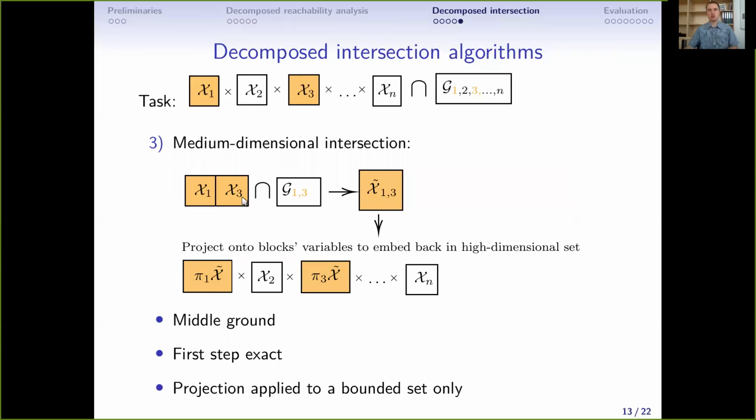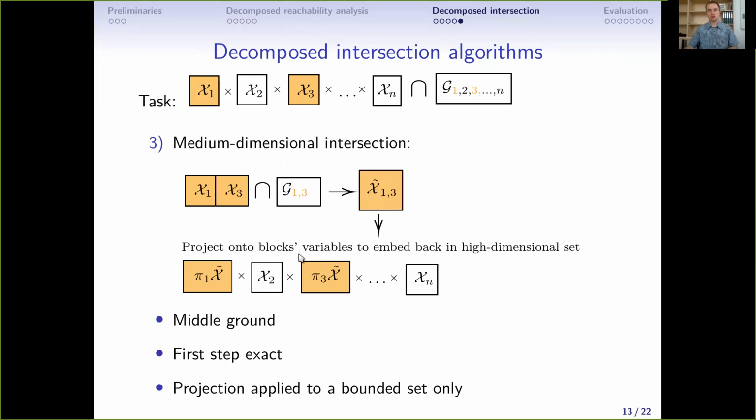That's why we actually suggest to do something in the middle. So we call this the medium dimensional intersection. You take the set X1 and X3 together as one set, as a two-dimensional set in this case, and you intersect with the projection of G to dimensions 1 and 3. So this is a two-dimensional intersection, and this is exact.